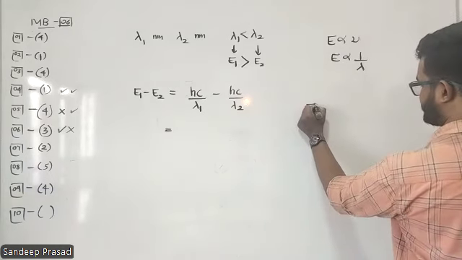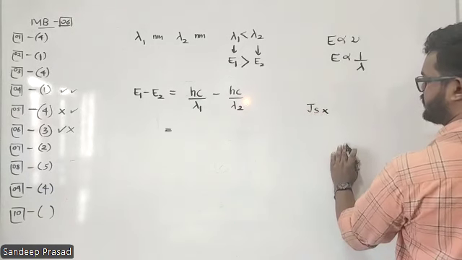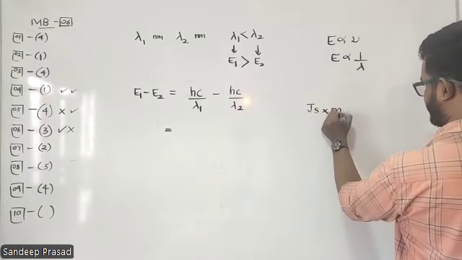Planck's constant unit is joule second, and the speed of light is in meters per second.